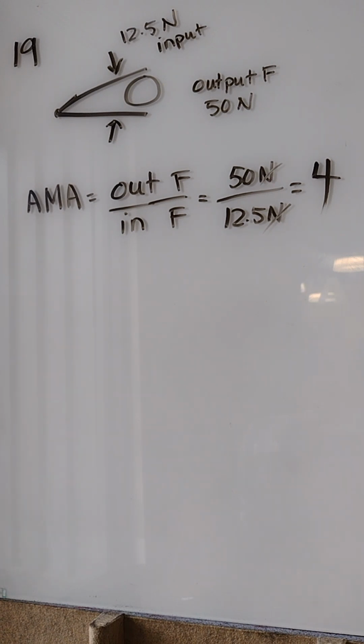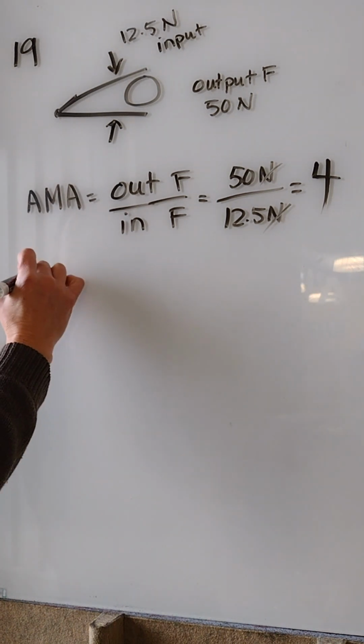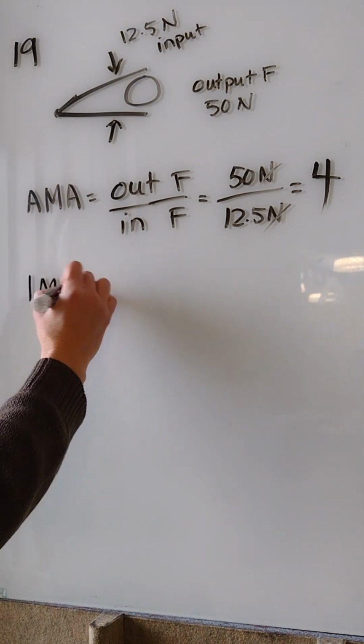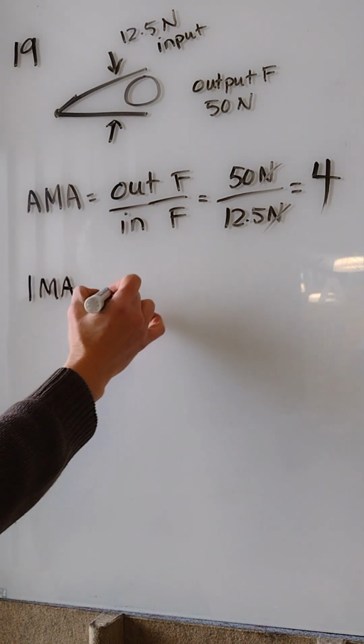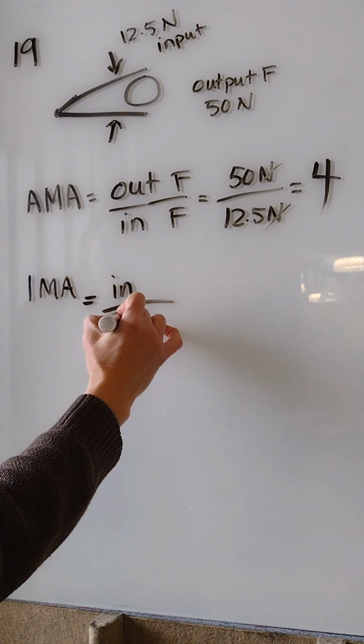Part B, if the input distance of the nutcracker is 15 centimeters and the output distance is 3 centimeters, what is the ideal mechanical advantage of the nutcracker? So remember your equation for ideal mechanical advantage starts with an I, so it's going to be in over out.